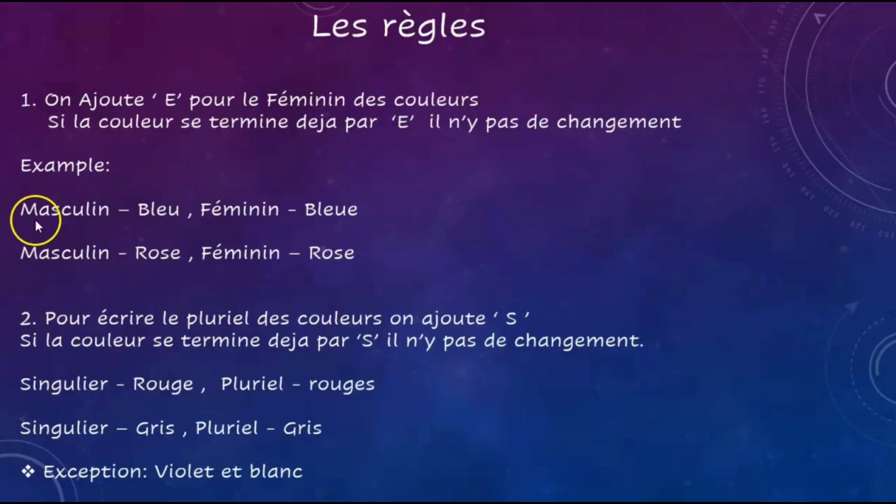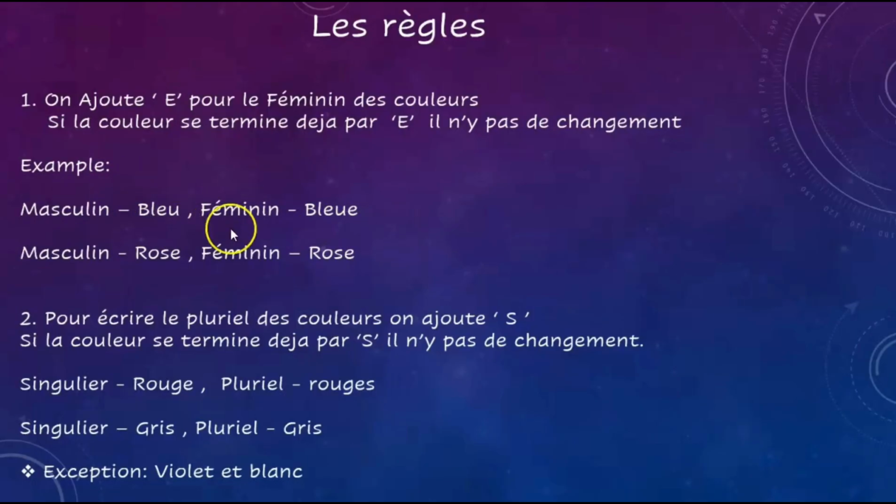We'll see the examples. Here we are talking about the color blue, which is called bleu. The masculine form of blue is bleu, where e is not there. And to make it in feminine form, we add e. The spelling is changed here and the pronunciation stays the same.